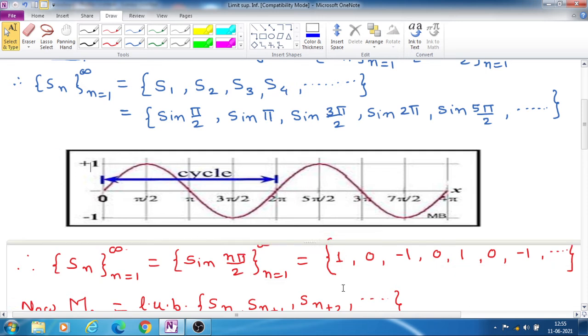So alternate values are 0, and the other alternate values are 1, minus 1. From this graph, sin 0 starts here at 0, then plus 1, then again 0, then minus 1, then again 0. So from the starting 0, one cycle of 2 pi is completed here.